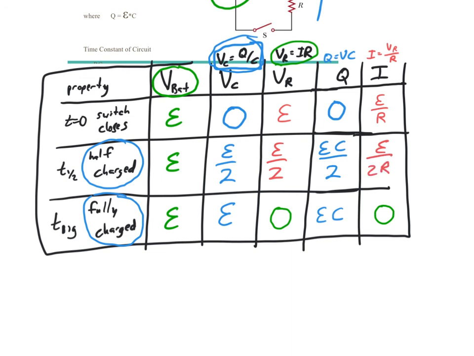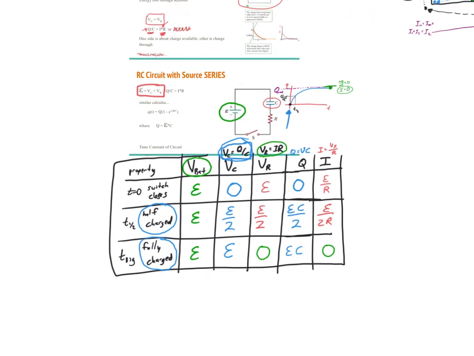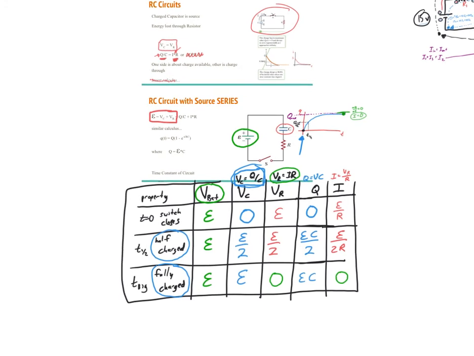Okay. I want you to be able to identify when the currents are 0, when the voltages are 0, when the charges are 0. So just see the pattern of charging and discharging for these in terms of these quantities.